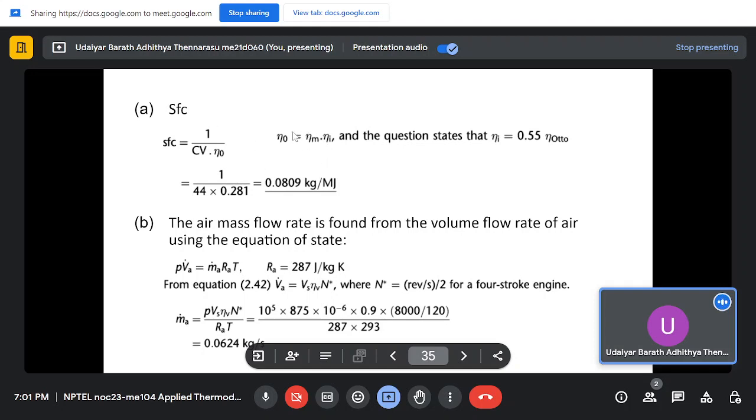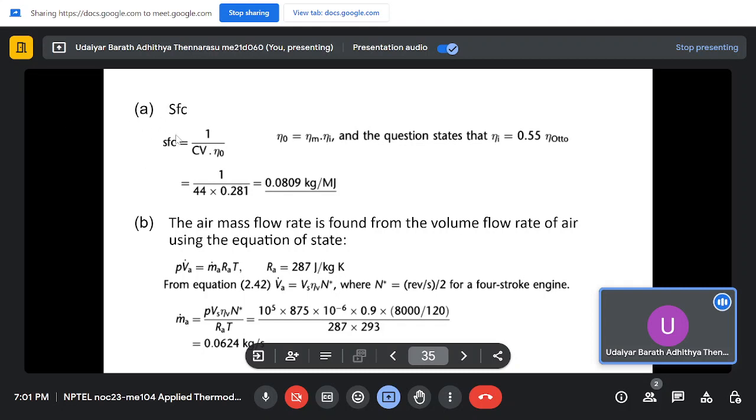I'll say again, specific fuel consumption is m dot f, mass of fuel, divided by brake power. This is brake specific fuel consumption. Brake power can be calculated from the overall efficiency, or the brake thermal efficiency, as brake thermal efficiency into m dot f into cv. So m dot f cancels.